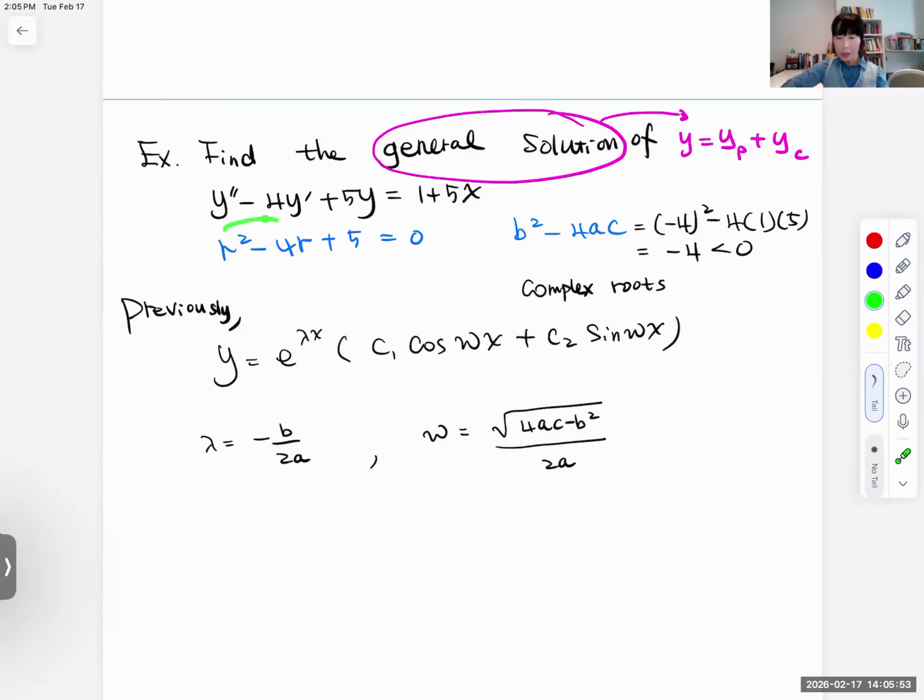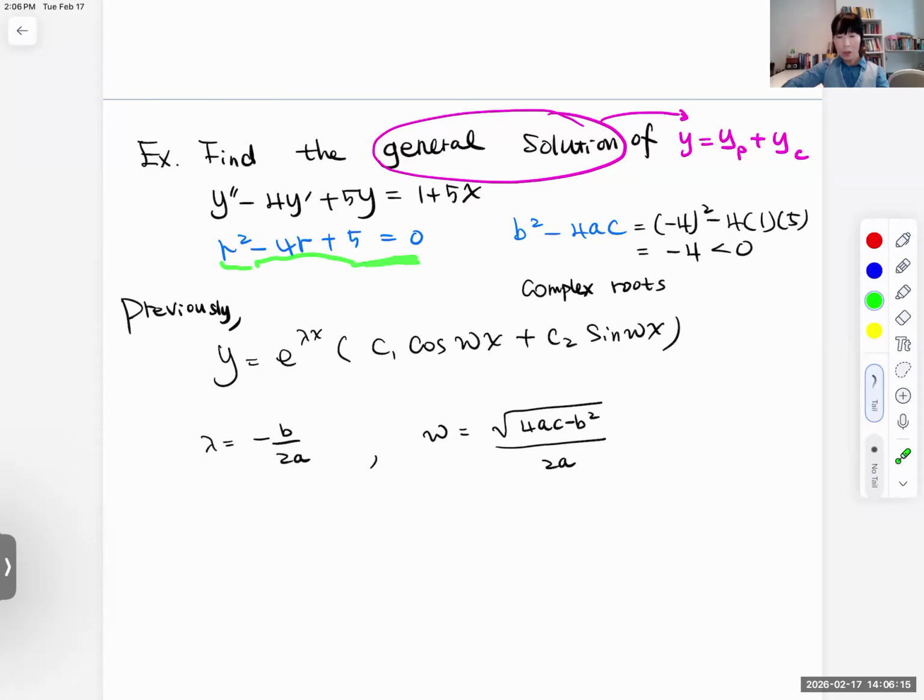Now we can express this equation in this form. Since we have y second prime, y prime and y, this will be r squared minus 4r plus 5 equal to 0.